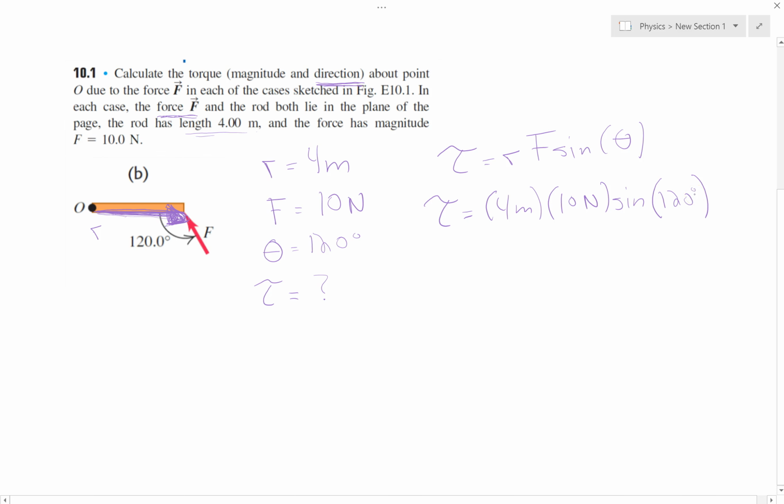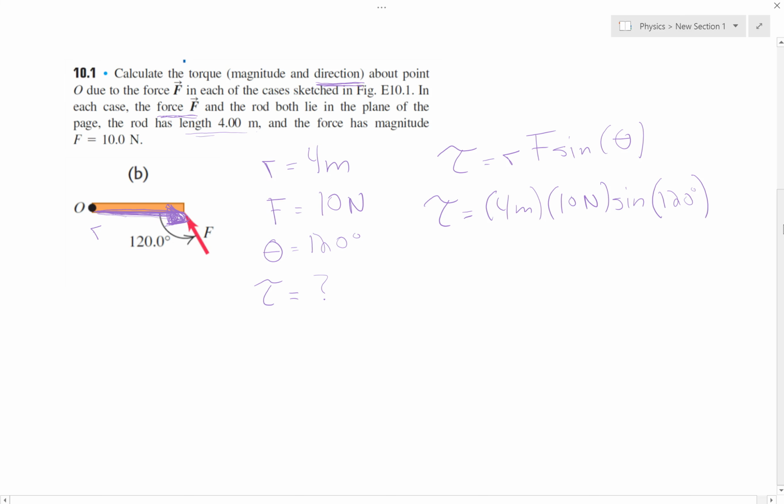Your calculator, depending on the calculator that you have and the mode that it's in, will either give you a value like 0.866 for sine of 120. It's square root 3 over 2. I don't care which form you have your answer in. It's all the same to me.